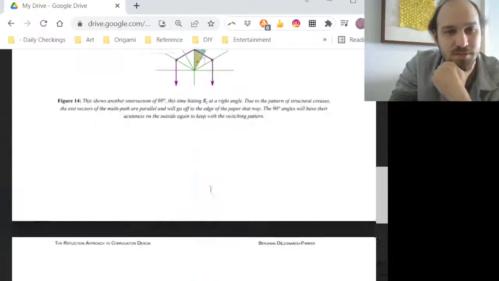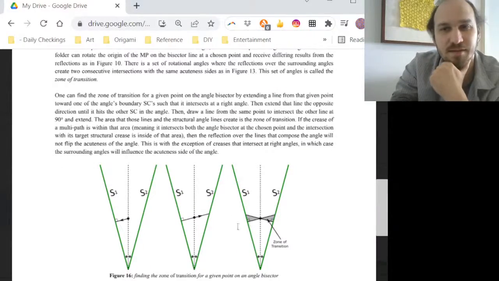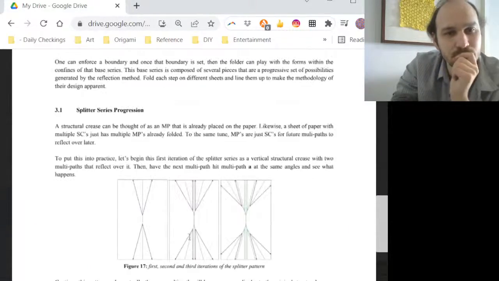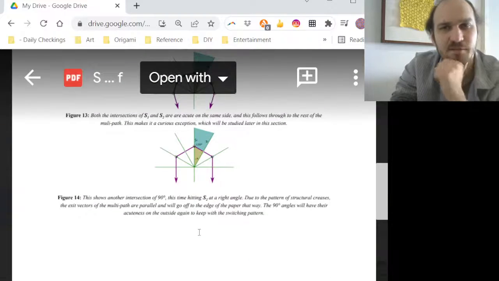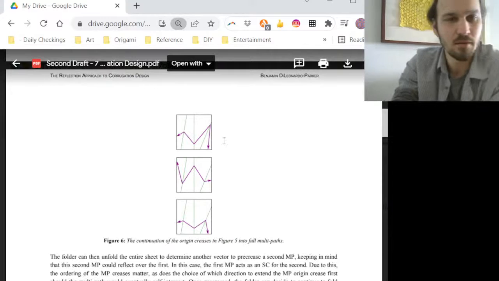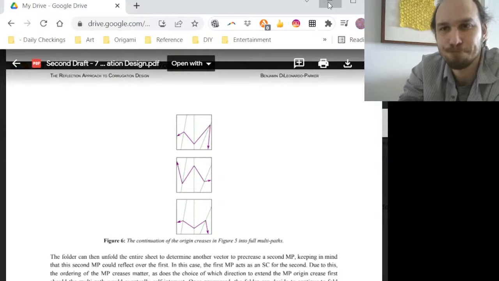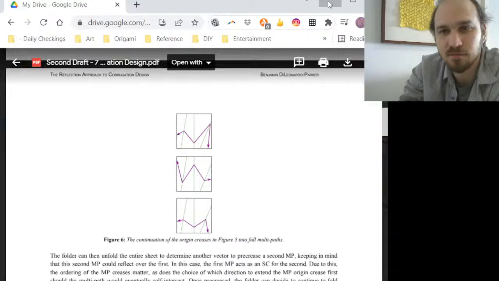Talk about the zone of transition a little bit. This little bow tie thing there. And then a few patterns down the way. Okay. Let me close this off.